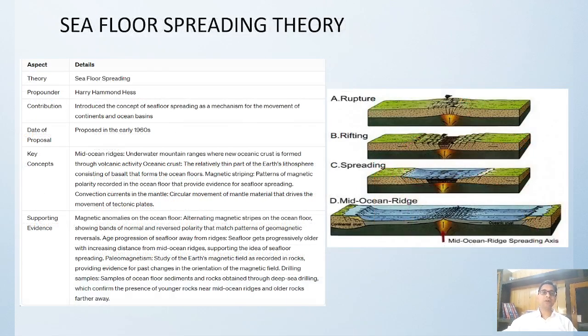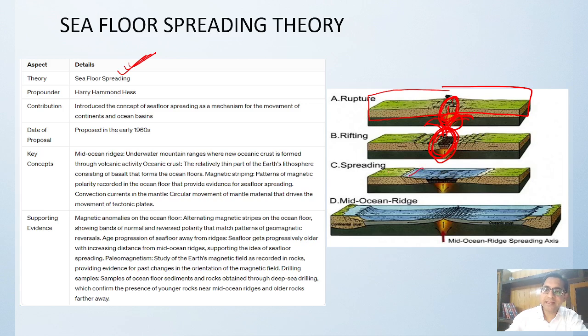Then the sea floor spreading theory was given by Harry Hammond Hess. How does the sea floor spread, how does the sea get created? If you can see over here, there was a land. Because of the convectional current, a rupture happens. Because of that rupture, the land broke.